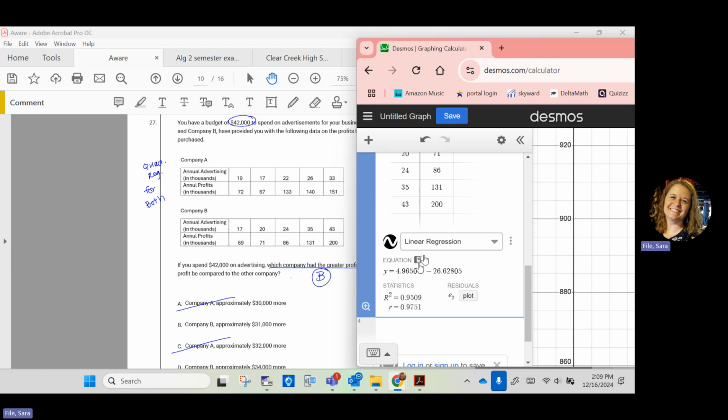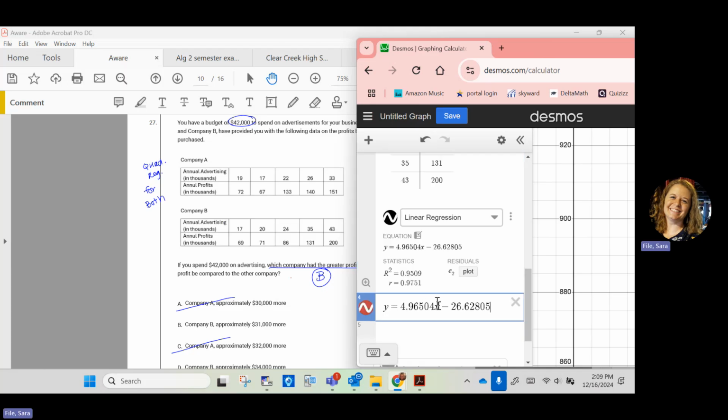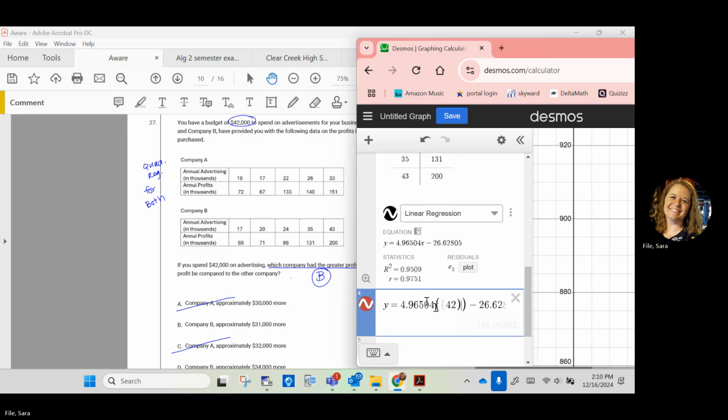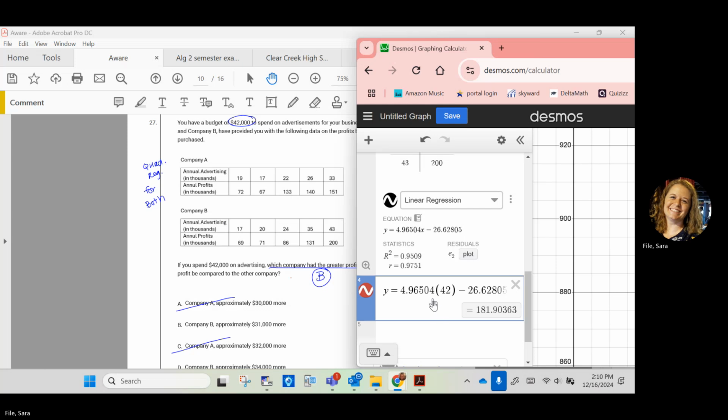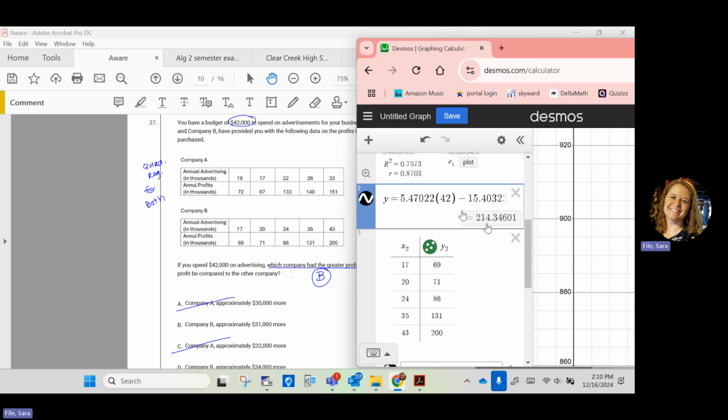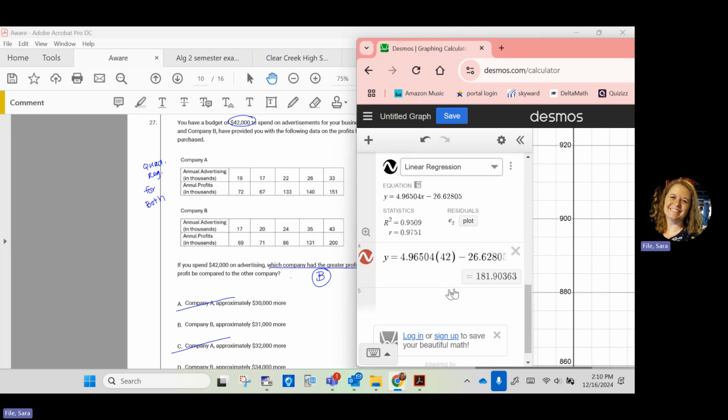But if you do use linear, what you have to do once you have your equations is plug in 42, because that's what they want to compare. So you plug in 42 in place of X in both company A and company B. And because it's already in thousands, so 42,000, we just plug in a 42 and we get like 214 and 181.